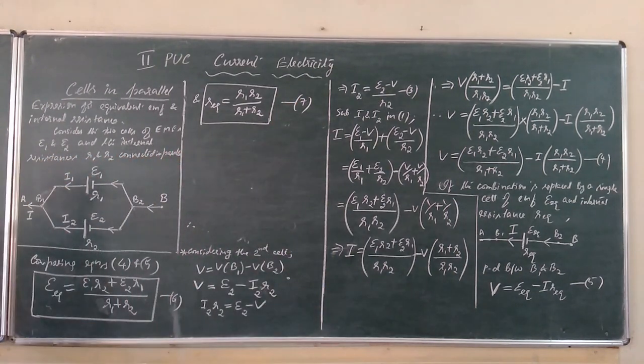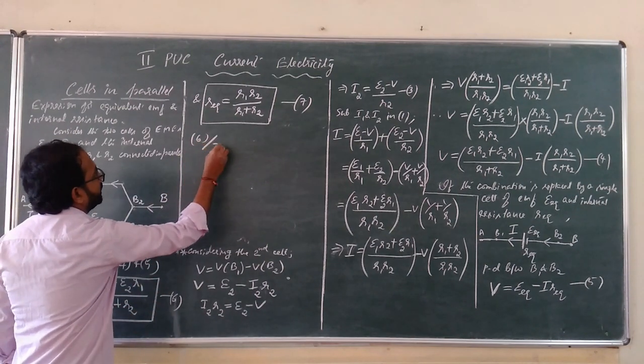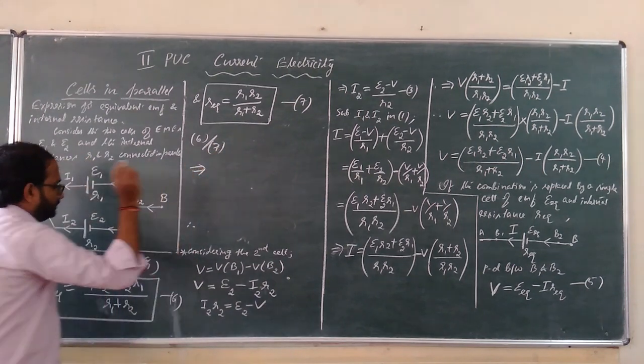Now divide equation 6 by 7. Dividing equation 6 by 7, what do you get?